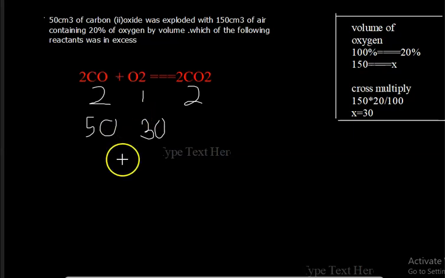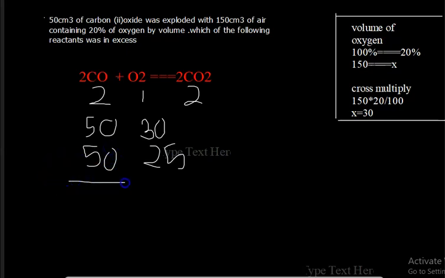So at this point we'll have 25, because 50 divided by 2 is 25, while here we'll have 50, because the same 2 moles come down.